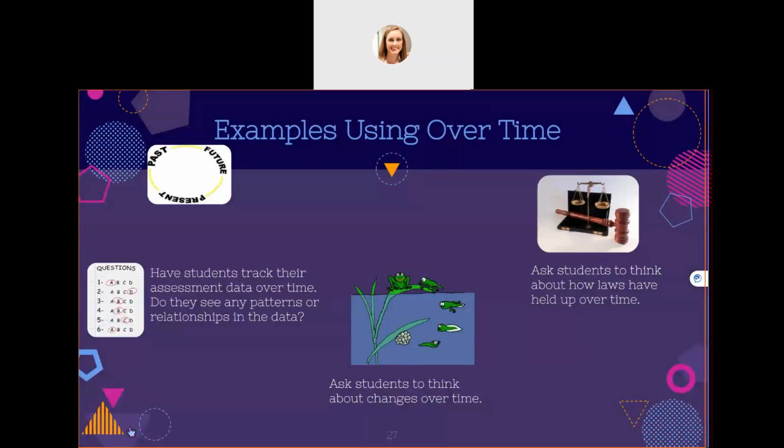You could also ask students to think about changes over time when they're looking at life cycles or weather cycles. You can ask students to think about how laws have held up over time. And so if there was a specific law or rule that you're looking at, then they can look at what decisions have been made about those laws or how they have changed through the course of time.